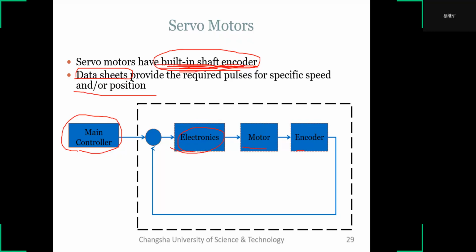Mostly we just connect the encoder with the motor together. When we use the motor as a servo motor, we just add the encoder to the motor.